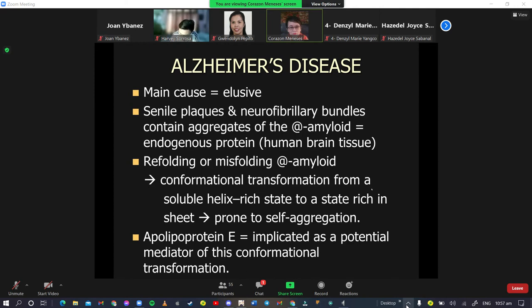The main cause is elusive, but the senile plaque and neurofibrillary bundle will aggregate to form your alpha amyloid. This is actually endogenous. Alpha amyloid is normally present in the brain tissue, but if the protein undergoes refolding and misfolding, going from alpha helical to beta pleated sheet, it can further aggregate. So it will lead to AD, or Alzheimer's disease.